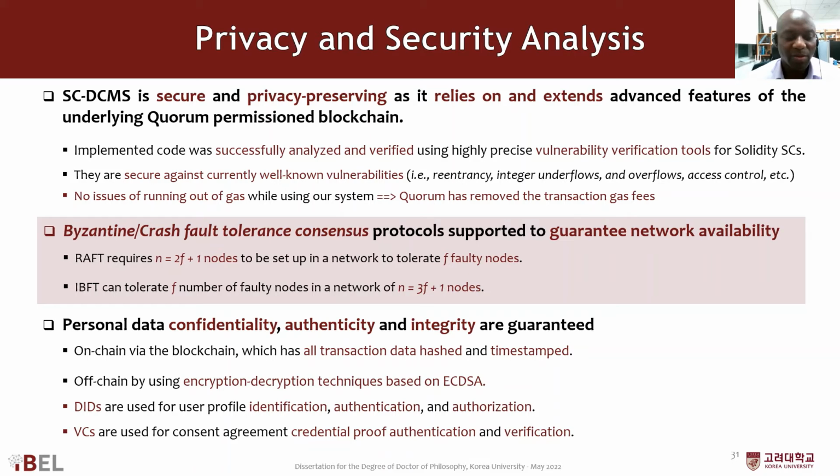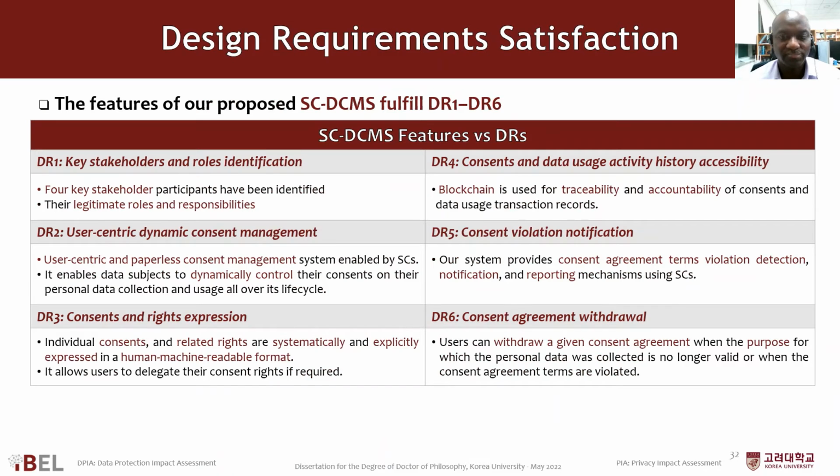To preserve user privacy, we use DID for user profile identification, authentication, and verification, while verifiable credentials are used for consent agreement, credential proof, authentication, and verification. Our analysis has revealed that the features of our proposed solution fulfill all the requirements we have defined earlier in terms of key stakeholders and role identification.